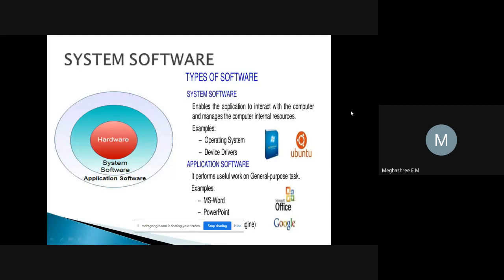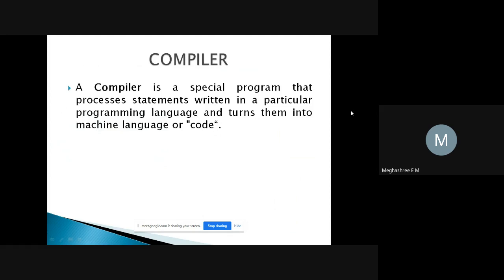Okay, correct. It translates, or you can say it converts, the instructions that are written in high level language to low level language, or you can say it converts high level language code to the assembly code or machine level language, right? So here the compiler is a special program that processes statements written in a particular programming language and turns them into machine language, or you can say assembly code.